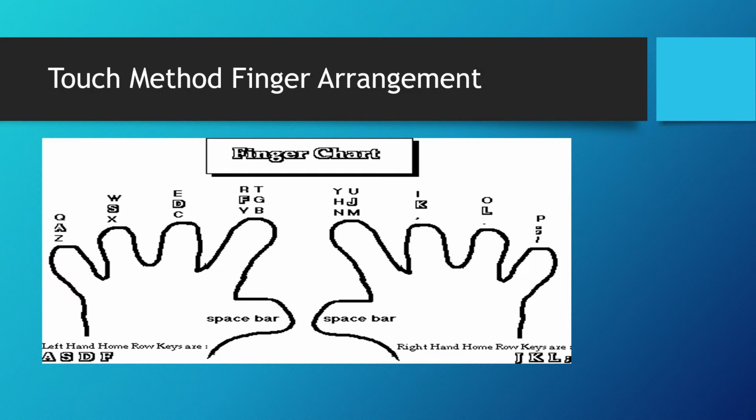Center row means ASDF is called the home row. Your left hand will be arranged on the home row A, S, D and F, and the right hand will be arranged on J, K, L and semicolon. This is the arrangement of your fingers. By using ASDF, JKL semicolon, a user will use this method. All the rest of the typing rules we will discuss in the next slide.